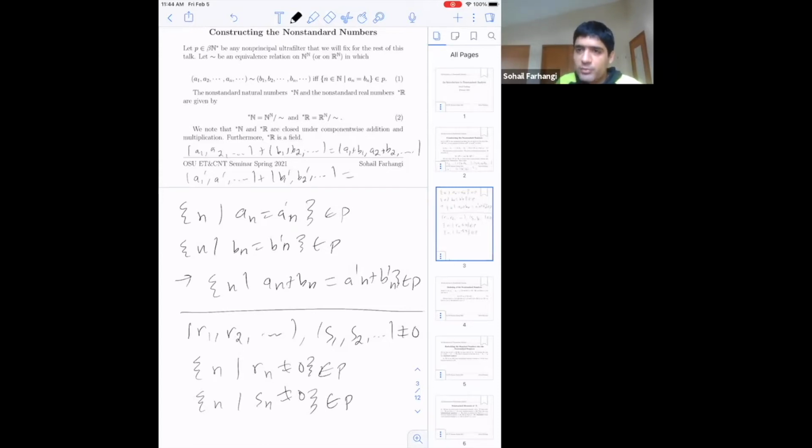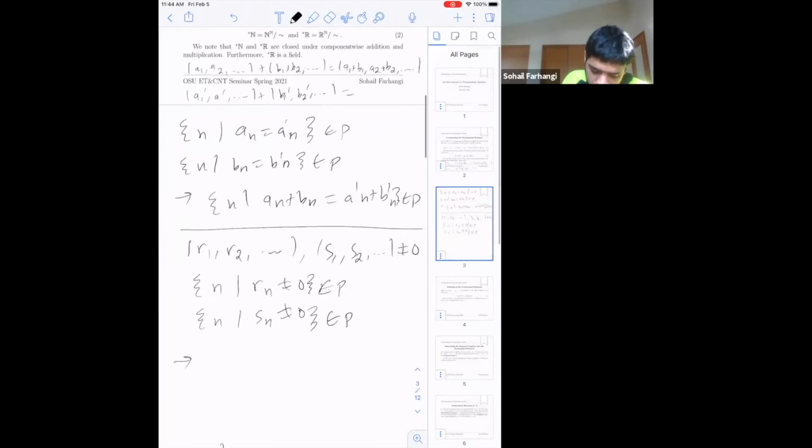Otherwise, they would be equivalent to zero. So then, once again, the intersection of these two sets contains the set of indices for which the product is not zero. Actually, this time it's exactly equal to the set of indices for which the product is not zero. And therefore, that's also going to be in the ultrafilter.